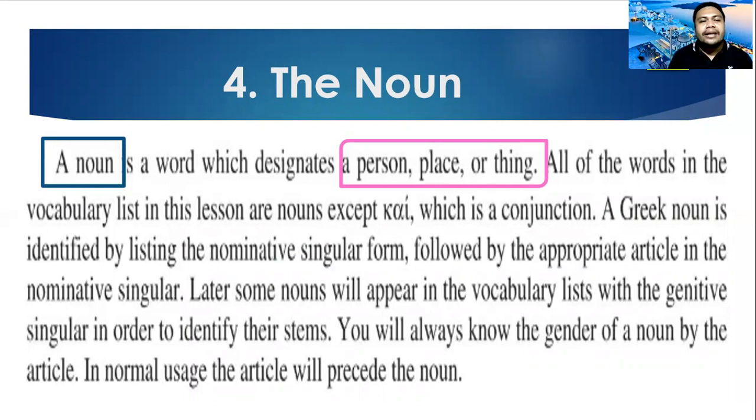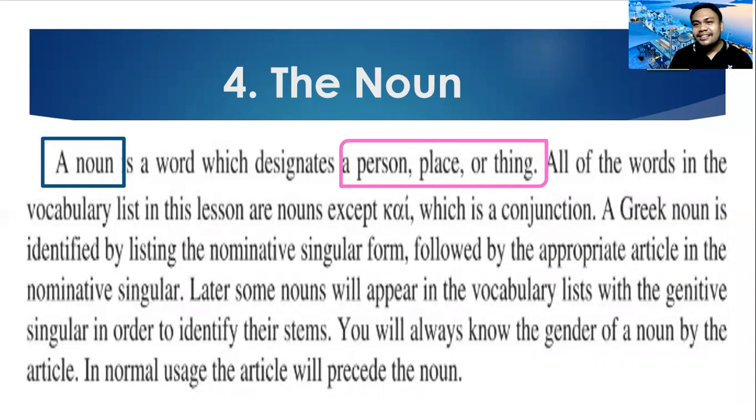A Greek noun is identified by listing the nominative singular form followed by the appropriate article in the nominative singular. Later, some nouns will appear in the vocabulary lists with the genitive singular in order to identify their stems. You'll always know the gender of a noun by the article.